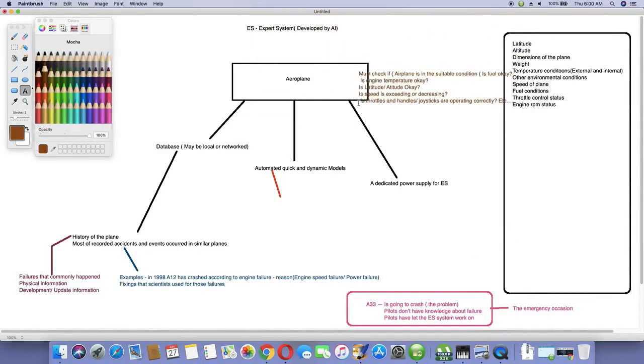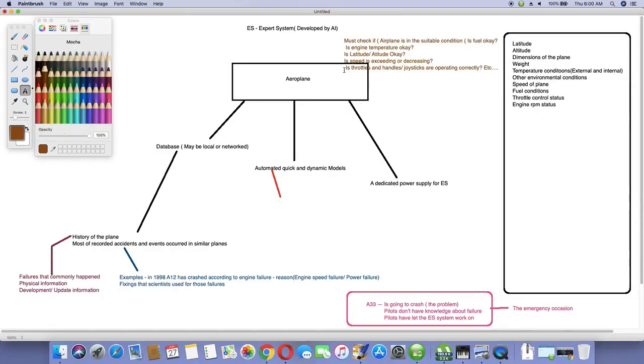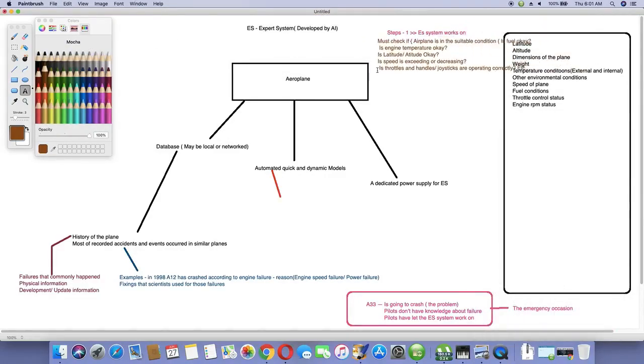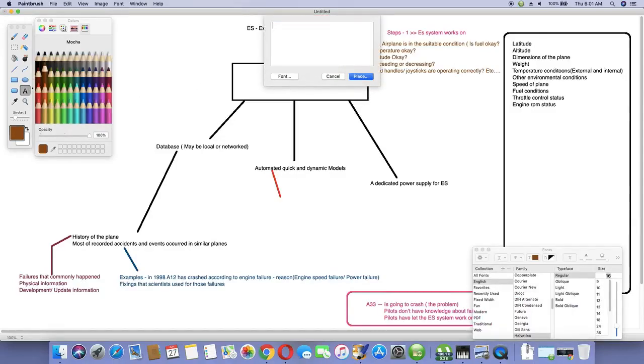Now the step is to check those conditions. If any error occurs, let's take an example. The error is the detected failure.